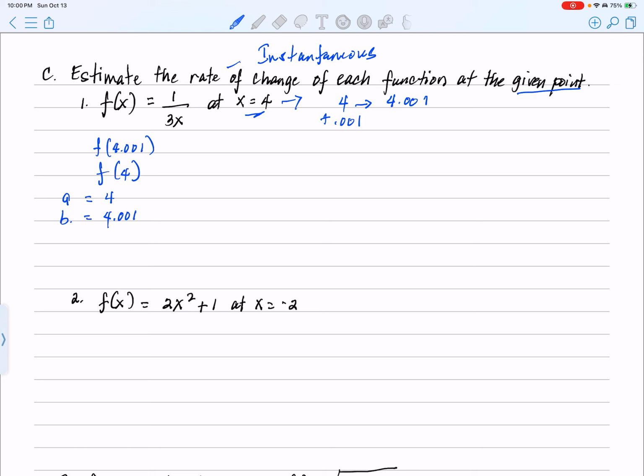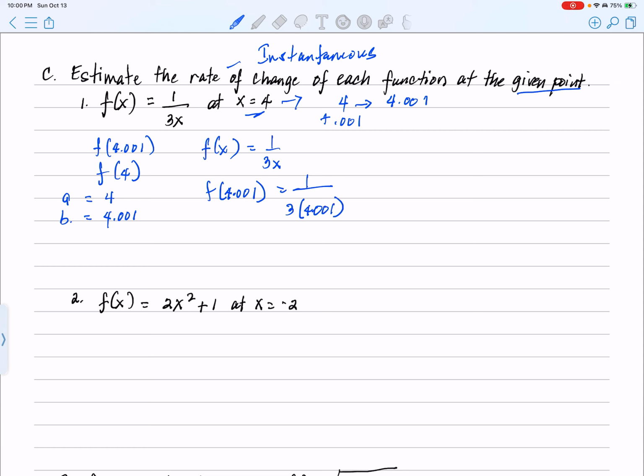I will use the function of x formula. The function is given. So the function of 4.001 would be 1 over 3 times 4.001.